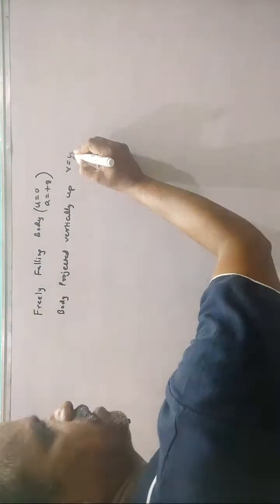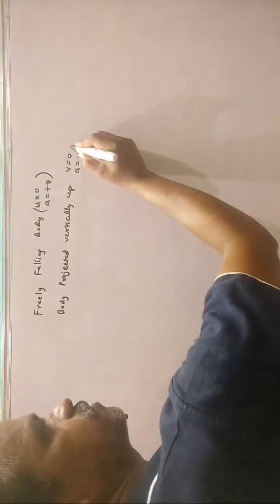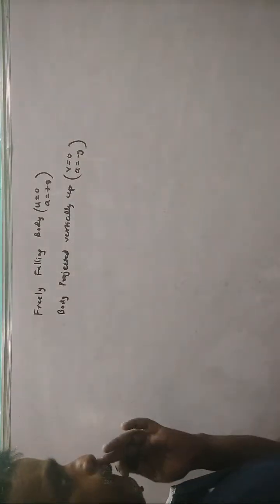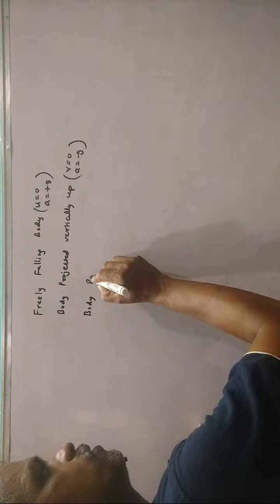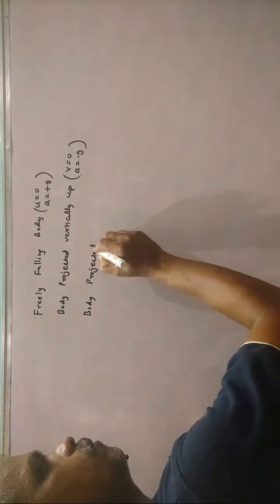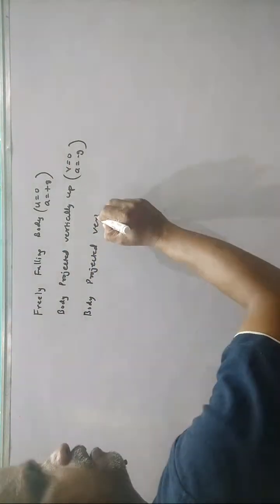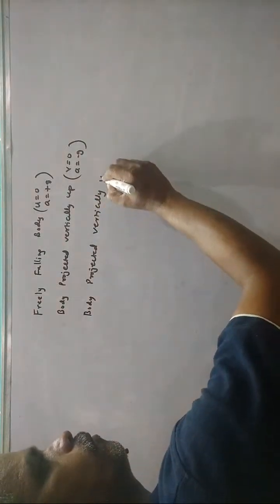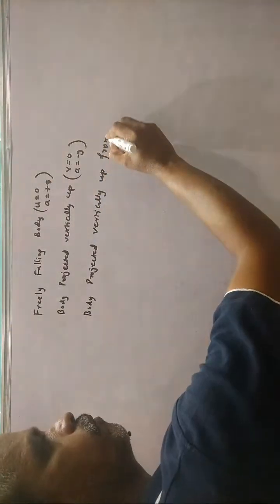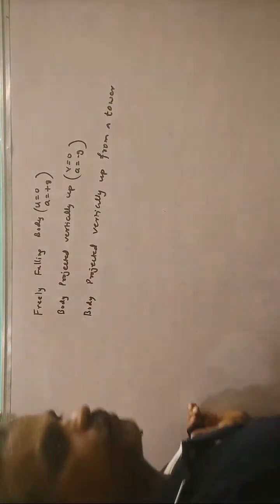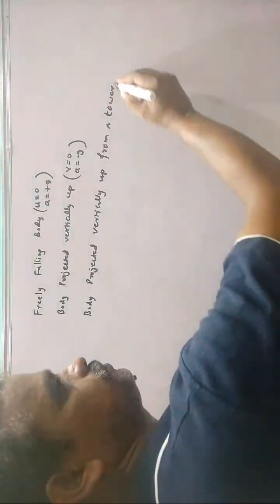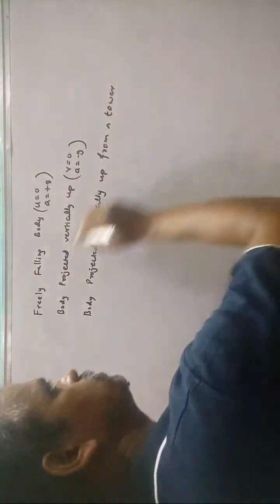So the final velocity v is 0, a equal to minus g. Next, body projected vertically up from a tower. This is one more case.